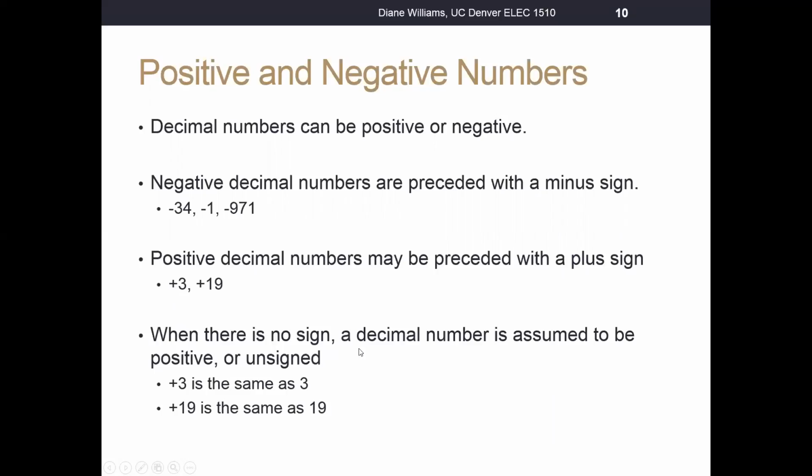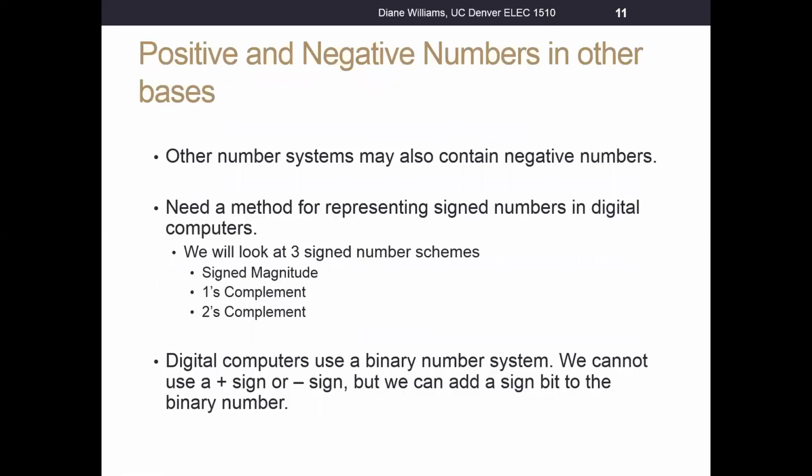When there's no sign, we always assume that a number is positive or unsigned. Plus 3 is the same as if we just write 3. We assume that is a positive value. Plus 19 is the same as writing 19. We assume that's a positive value as well. But we always use the negative sign to indicate a negative number. When the sign is absent, we assume the number is positive, or we can place a positive sign in front of a number.